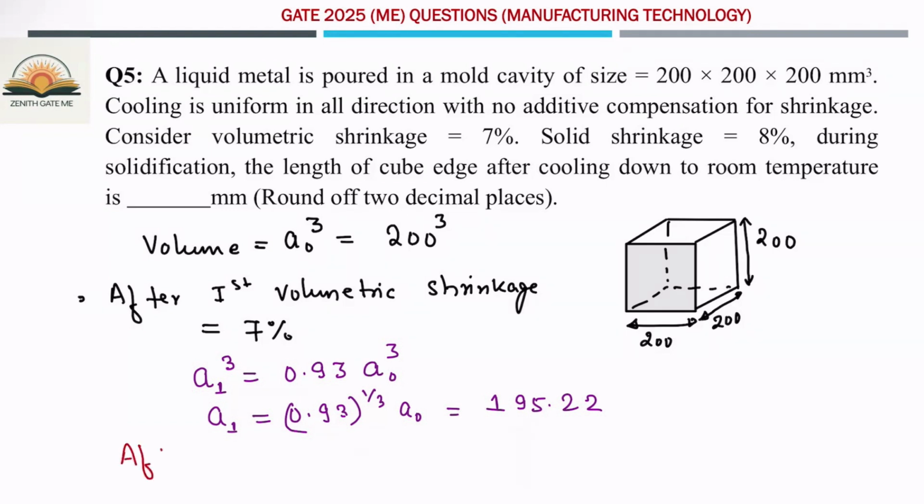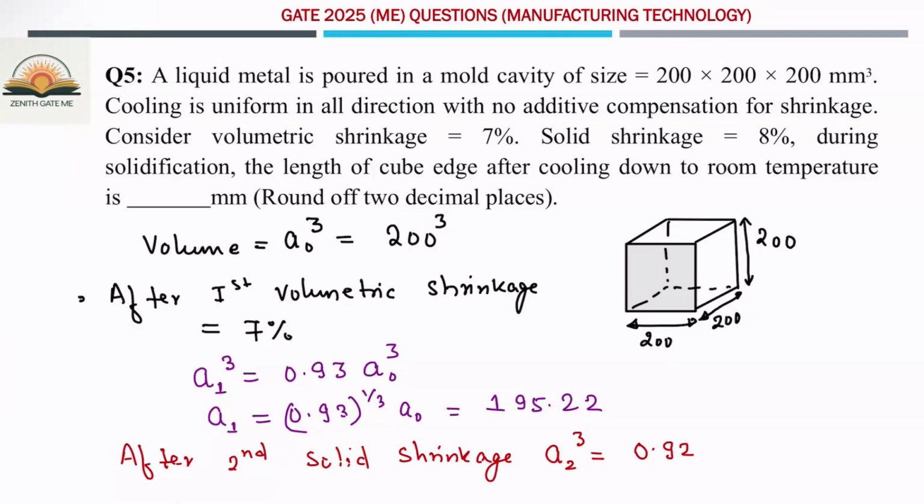Now, the next one is after the second solid shrinkage. Let us suppose the edge length of the cube now becomes A2. So A2 cubed is equal to 0.92 times 195.22 cubed.